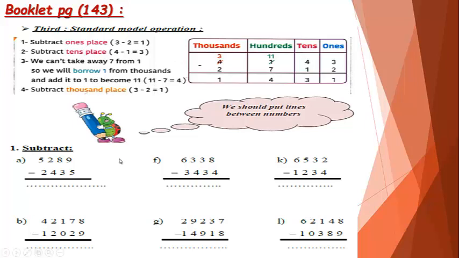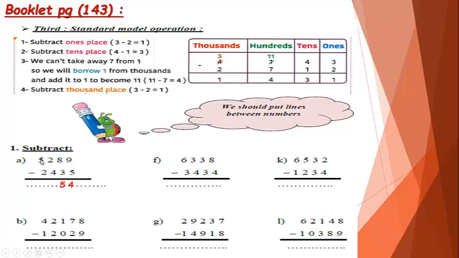How can we do this? Let's start solving and see. The first one, I'm going to start from the ones. As we said, 9 minus 5 equals 4. 8 minus 3 equals 5. 2 minus 4. Yes, this is the point. Can I take 4 from the 2? Of course, no. So what we are going to do here is go to the next house, go to the 5 and borrow 1 from it.